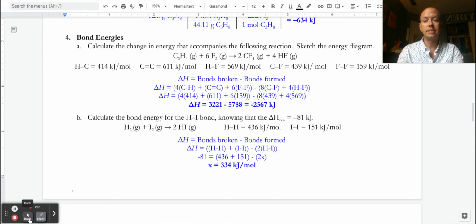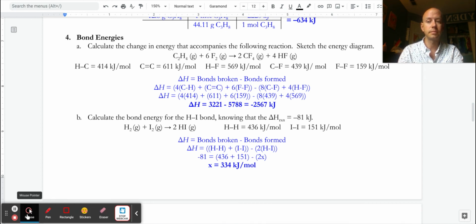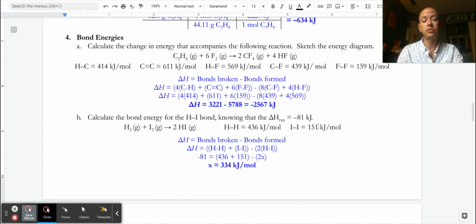The next one is asking about a specific bond energy. So whatever information we're given, we know that bonds broken minus bonds formed equals delta H, and they tell us that this is an exothermic process with a delta H of negative 81 kilojoules.